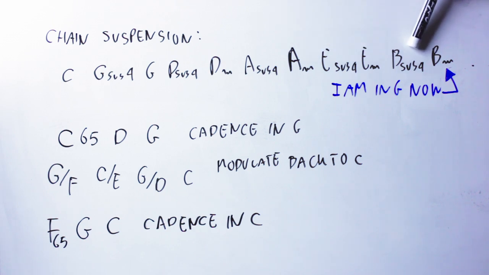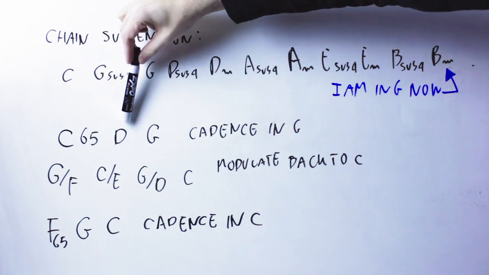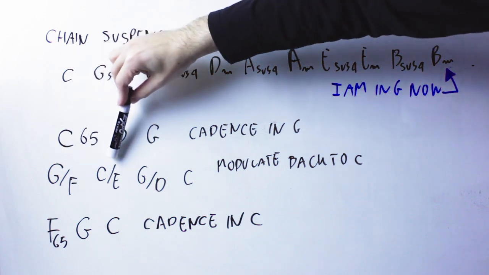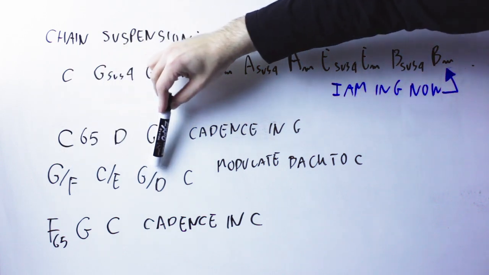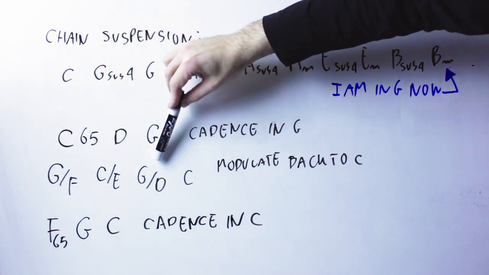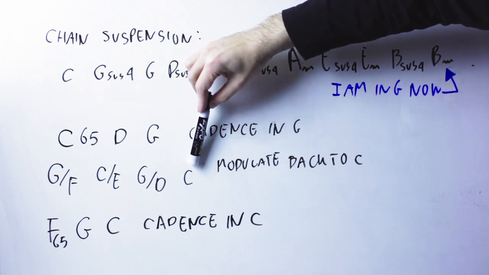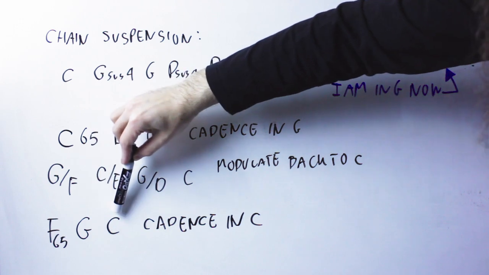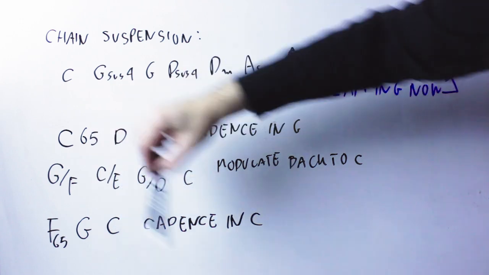At the end of the chain suspension, you add a 4, 5, 1 in G, then you modulate to C, something like this, and then you put a cadence in C. Really not that hard.